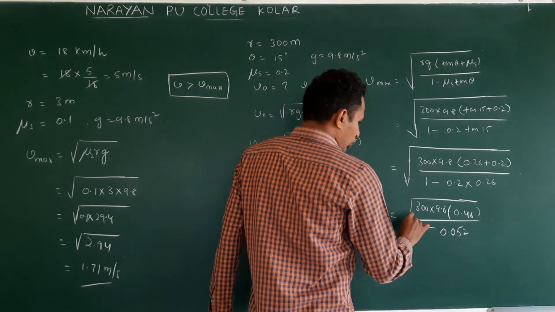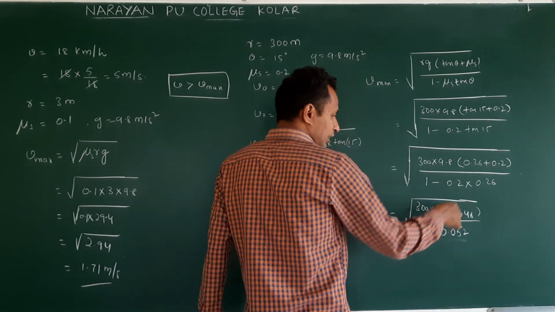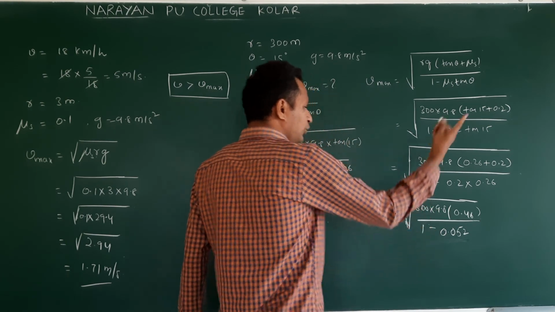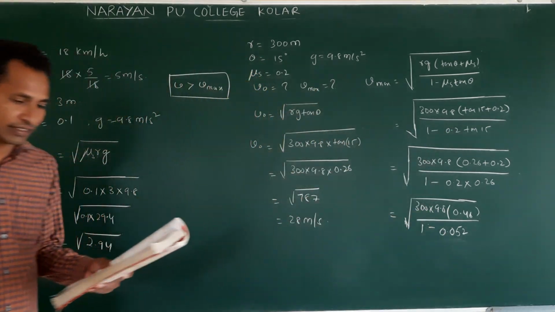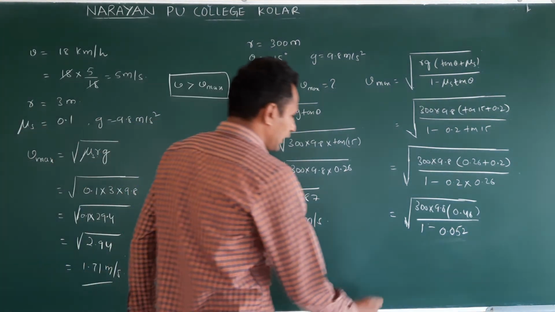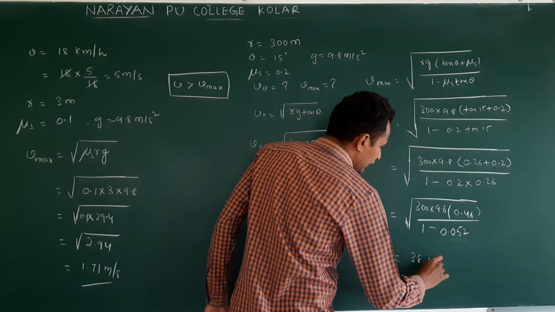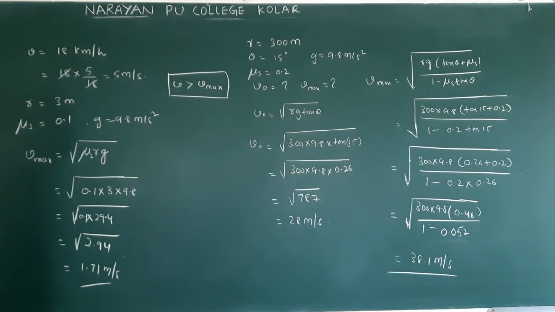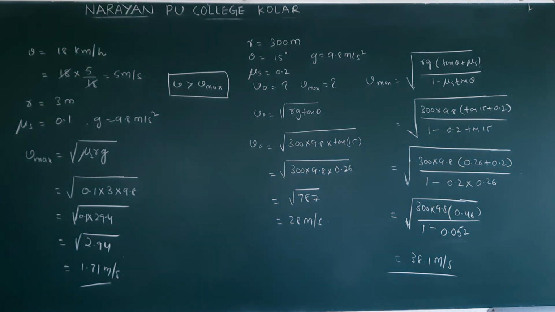Now subtract for the denominator, multiply for the numerator, and after division take the root. You will get the answer 38.1 meters per second. This is the maximum speed. Clear? So that is the answer according to the question.